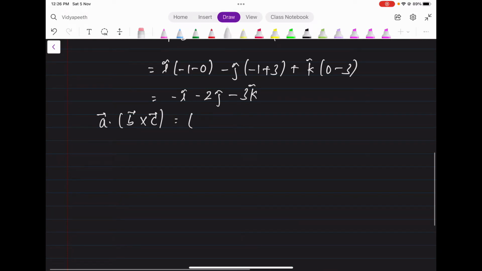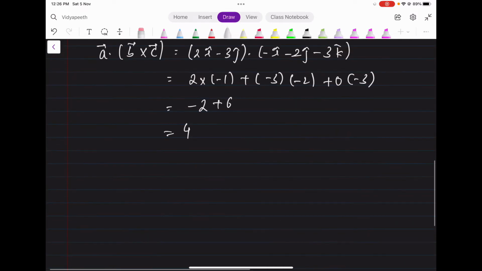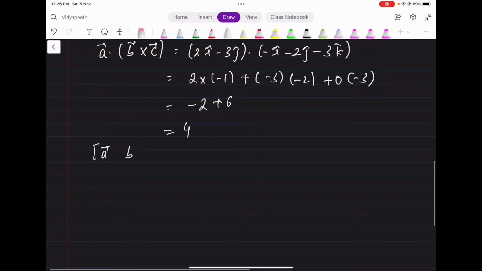So that is 2i minus 3j dotted with minus i minus 2j minus 3k, because that is the value of B cross C. Now just take the dot: 2 into minus 1 plus minus 3 into minus 2 plus 0 into minus 3, and this is minus 2 plus 6, that is 4. Therefore A dot B cross C is 4, that is the box of A, B, C is 4. Yes, it is a scalar quantity.